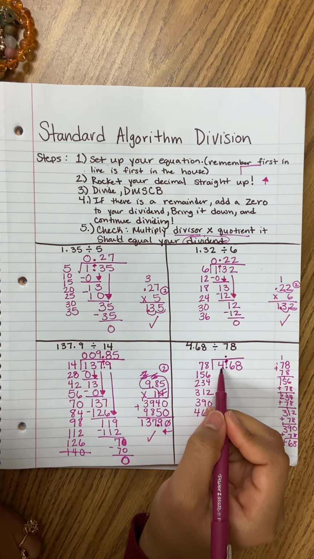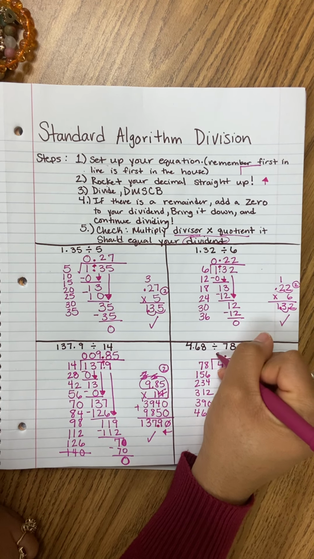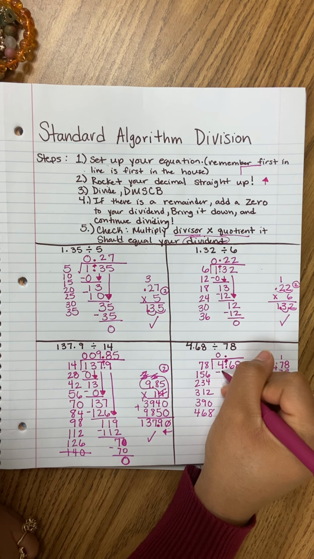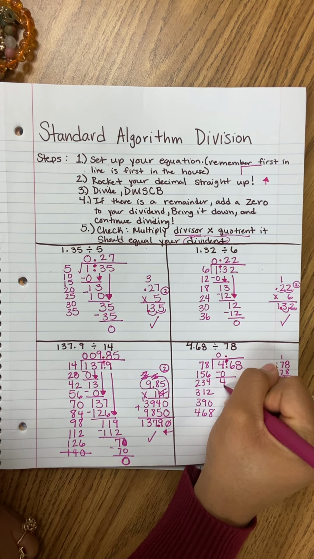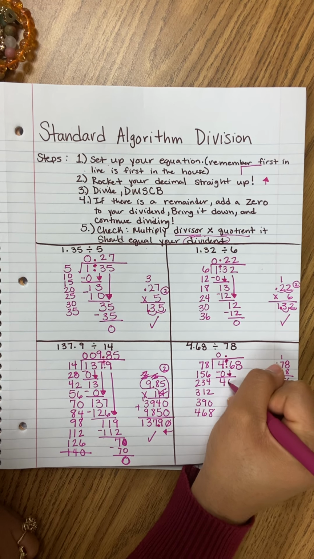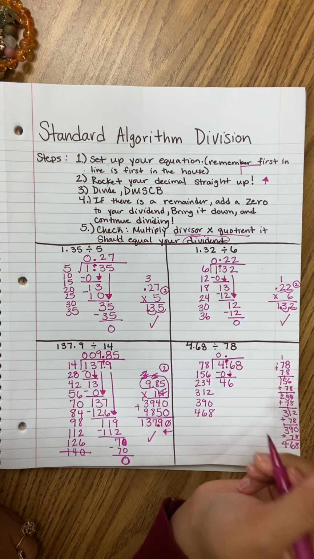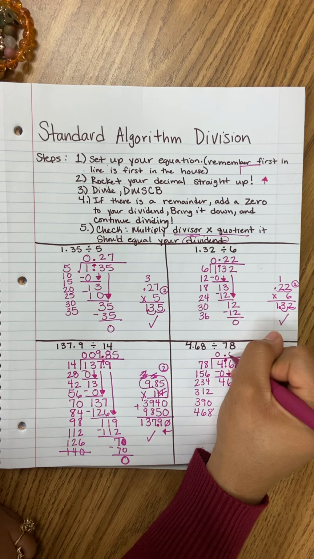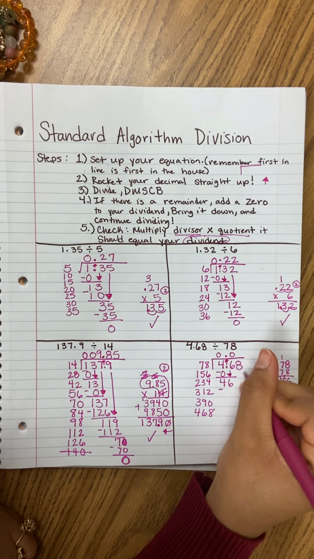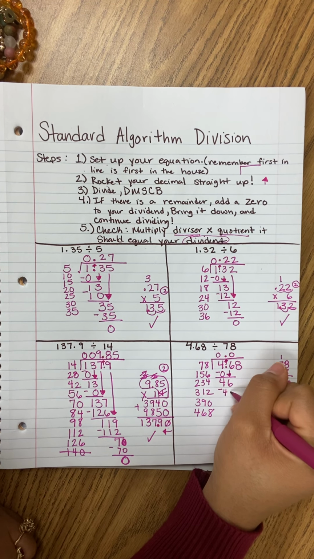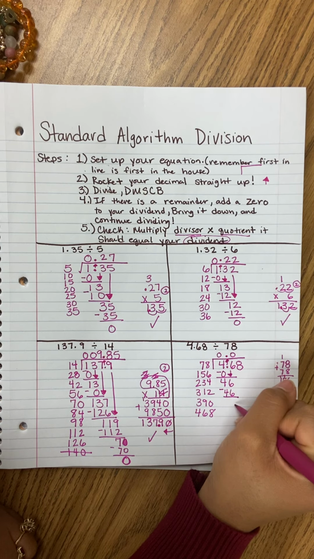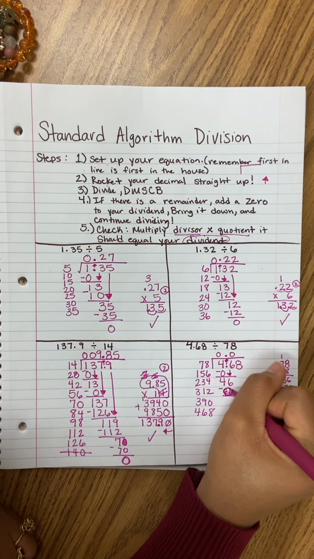I asked myself, if I have $4, can I spend 78? That would be 0 times. Bring down my 6. If I have $46, can I spend 78? No. Oops, minus 0.